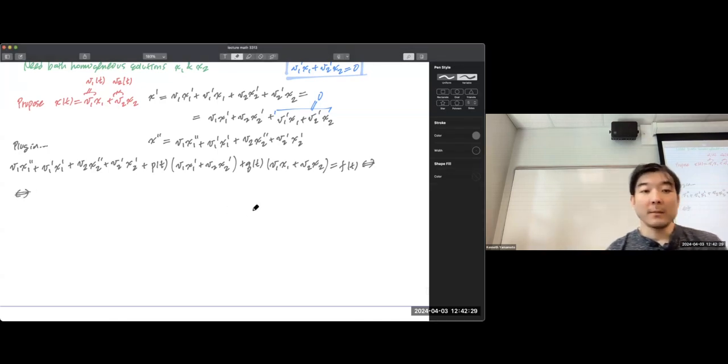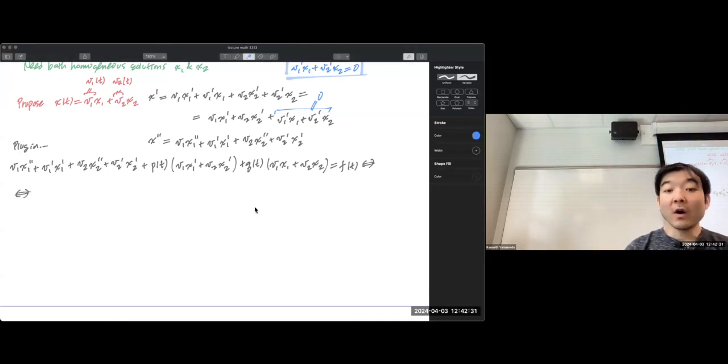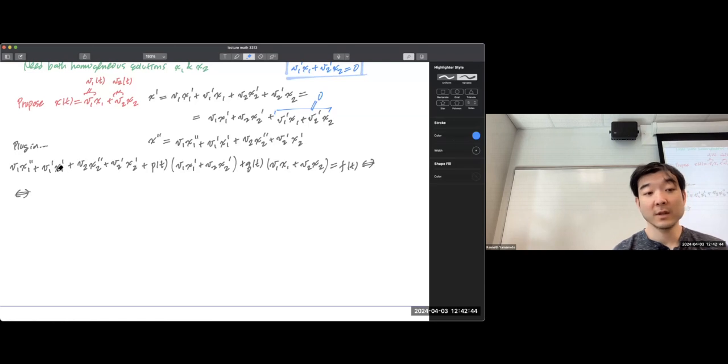All right, so I'm going to underline all the v1 terms in blue. So let's do all the v1 terms. So this is a v1 term, this is a v1 term, and this is a v1 term. And then we'll do all the v2 terms. So this is a v2 term, this is a v2 term, and this is a v2 term.